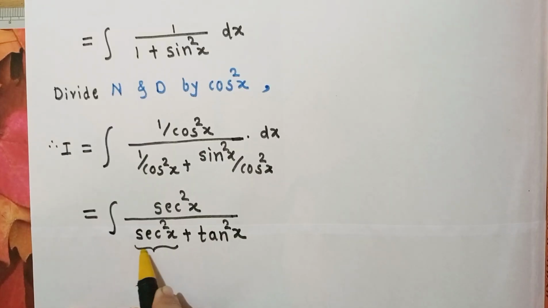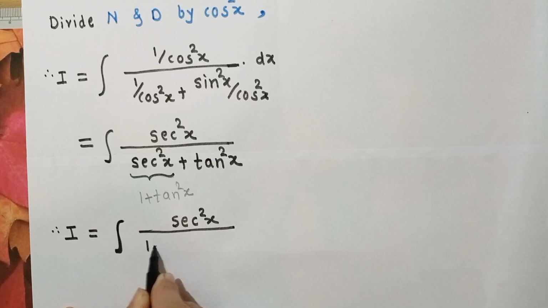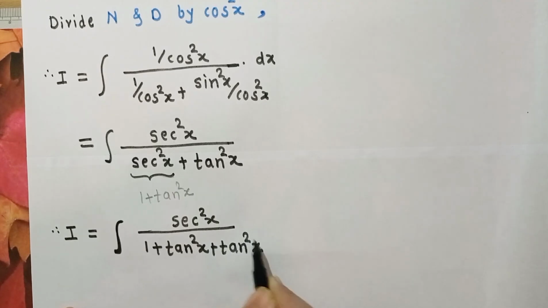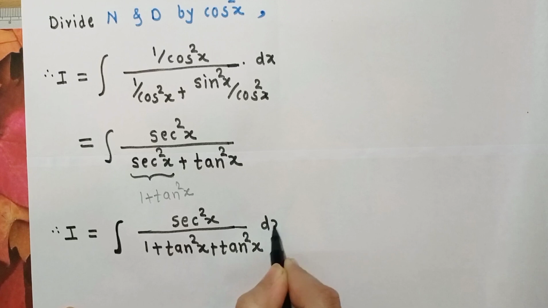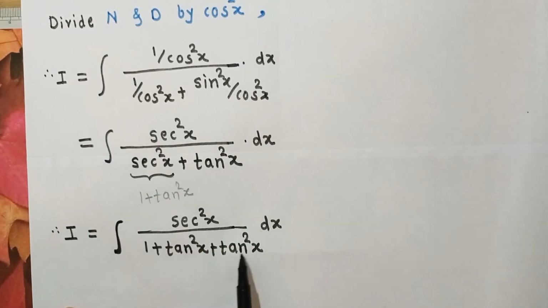Next step is we have to substitute this sec square x as 1 plus tan square x. So we get the denominator as 1 plus tan square x, and this is tan square x. Here also we have to write dx, and now we will add up this.